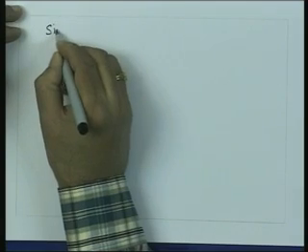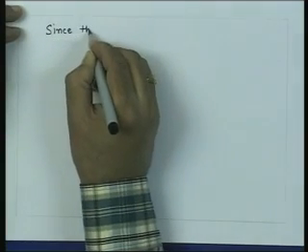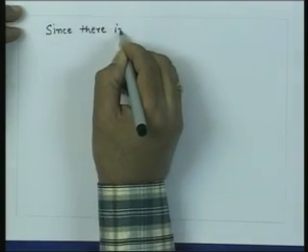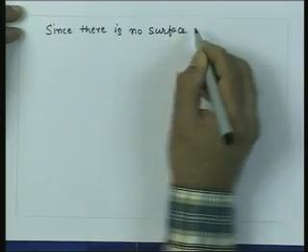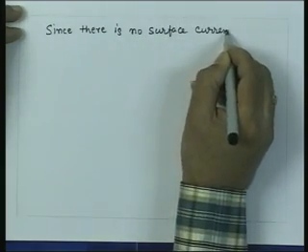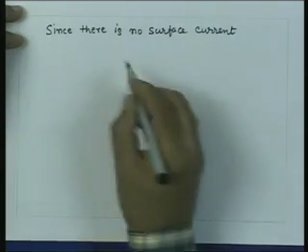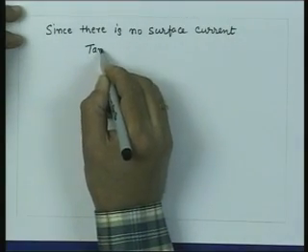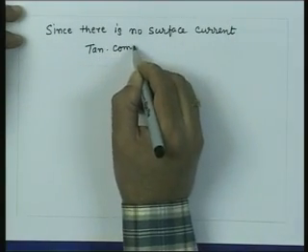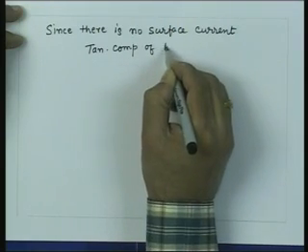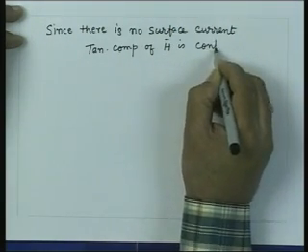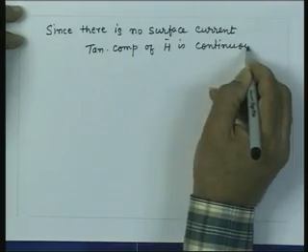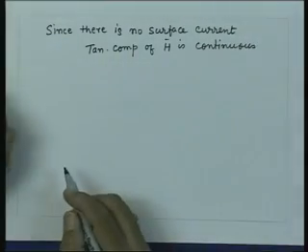Since there are no surface currents, even the tangential component of H is continuous at the boundary.